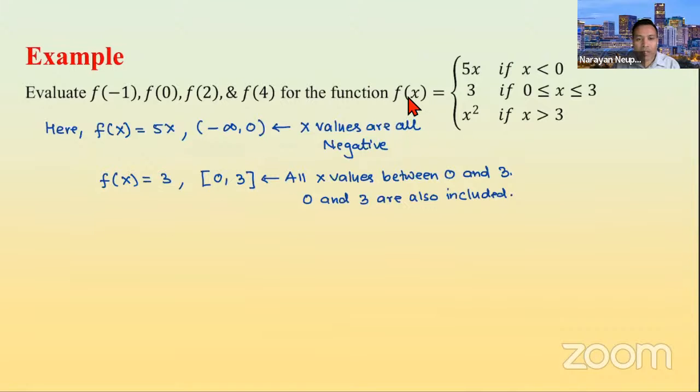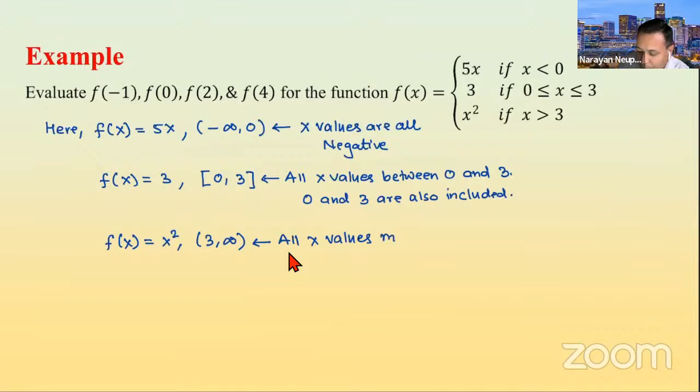And the next one, f of x equal to x squared, is for x greater than 3. 3 is not included, but all values more than 3, from 3 up to infinity. And here 3 is not included.